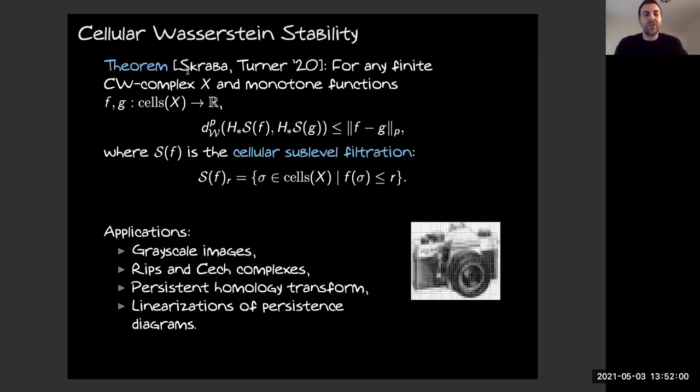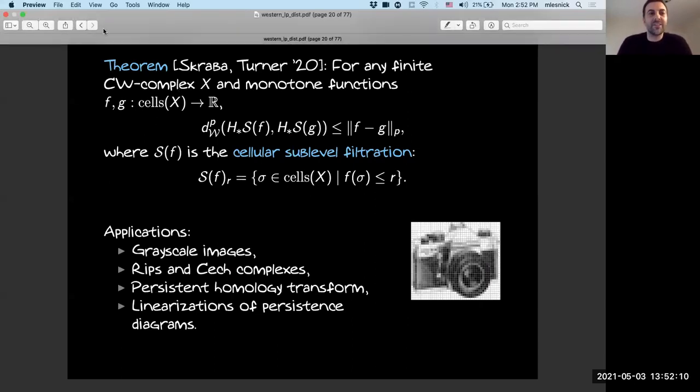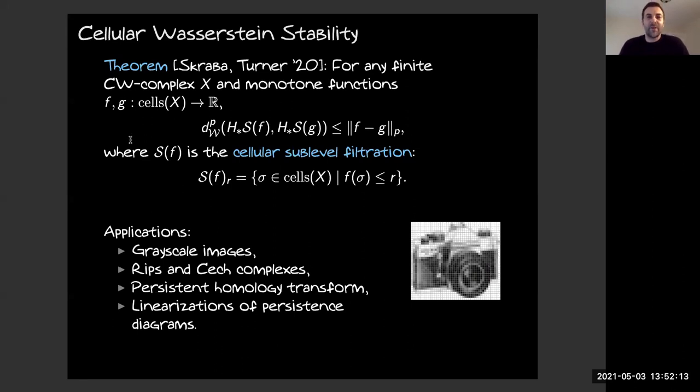But another reason to take seriously this p-Wasserstein distance is one that was explained recently. There's a cellular stability result for these p-Wasserstein distances that appears in a paper of Skraba and Turner from last year. I think this is a really nice result. It's very natural, and I expect that it's going to be very useful in TDA.